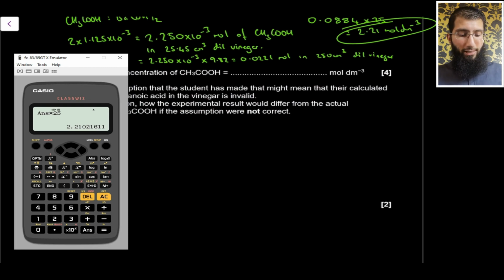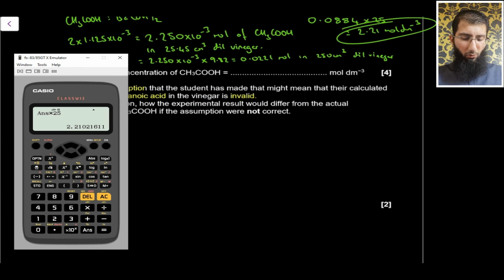Now, part 2 suggests one assumption that the student has made that might mean that their calculated concentration of ethanoic acid in vinegar is invalid. Predict, with a reason, how the experimental result would differ from the actual concentration of ethanoic acid if the assumption was incorrect.